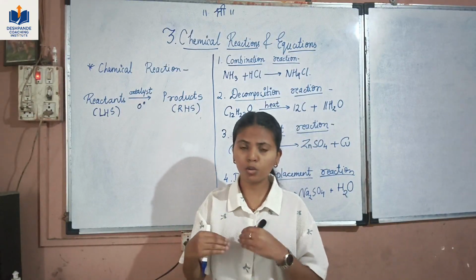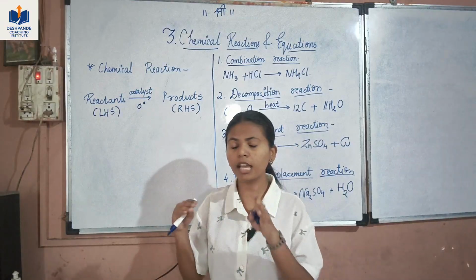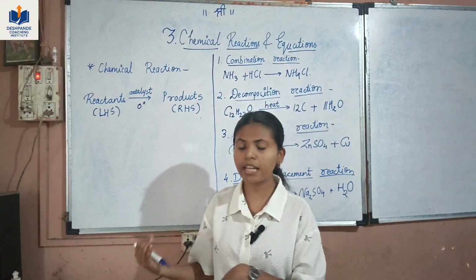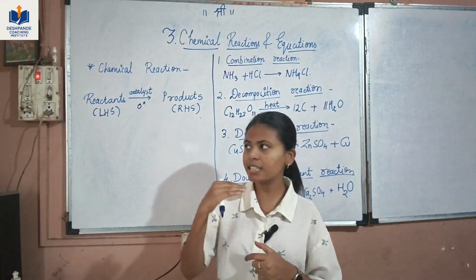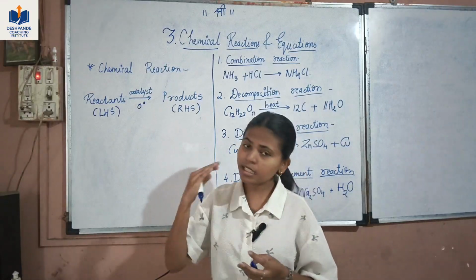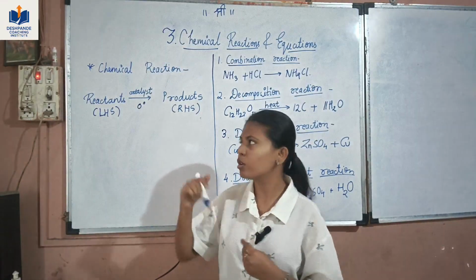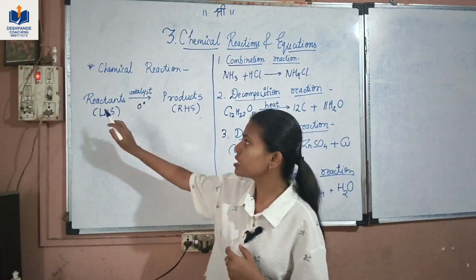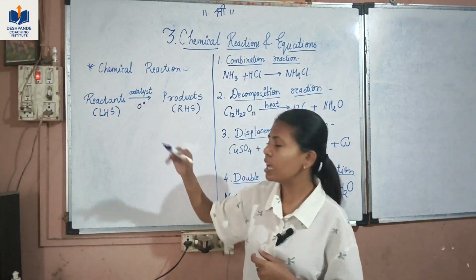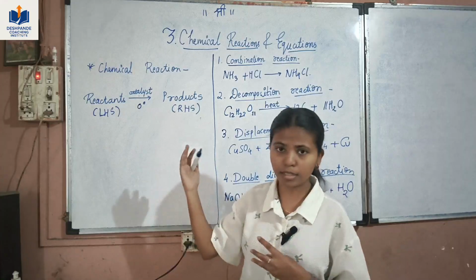If we study alone, we don't study much, but if we have our parents sitting by our side, we study more. So they act as a catalyst. In the same way, they don't participate in our studies, but by their presence we study more. So by the presence of the catalyst, the reactants react fast and they are converted into products.